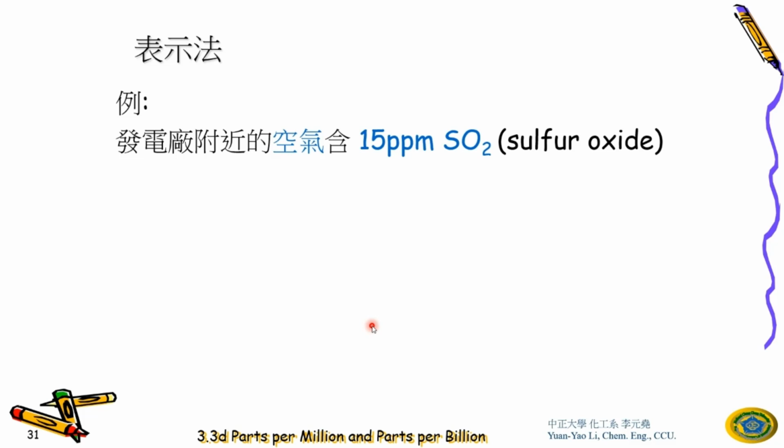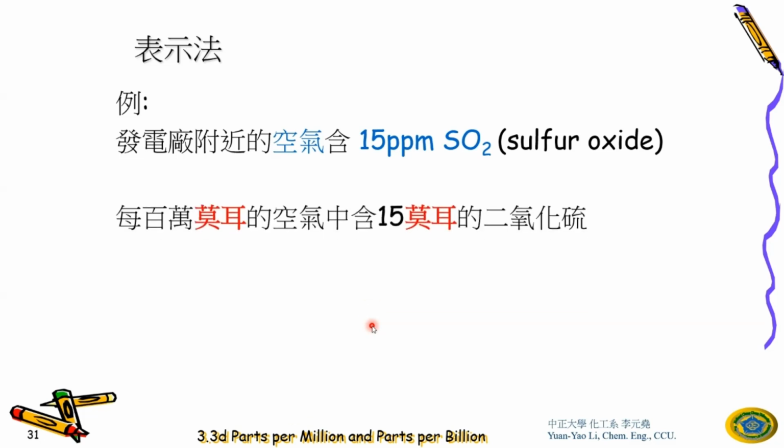Is that 15 moles out of 10 to 6 moles of sulfur dioxide, or 15 grams out of 10 to 6 grams of sulfur dioxide? Which one? Mole, right? Because you want to describe sulfur dioxide in gas phase and you use mole instead of gram. Vice versa, if you want to describe something in a liquid, in the water, you use gram instead of mole. Okay?